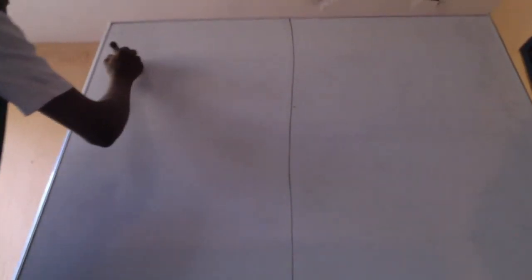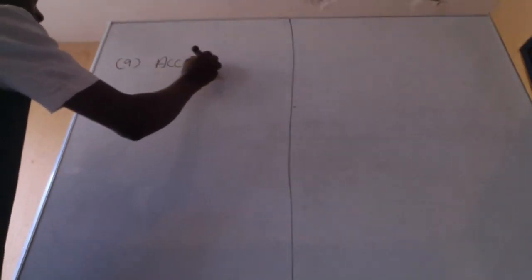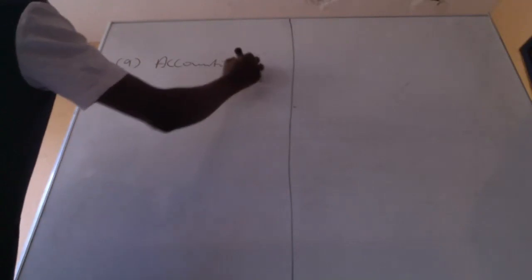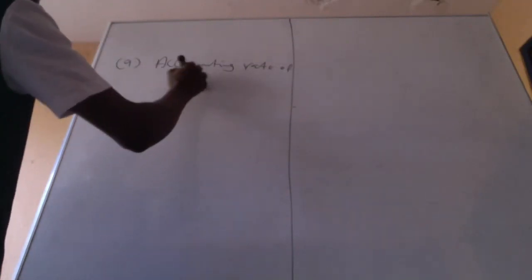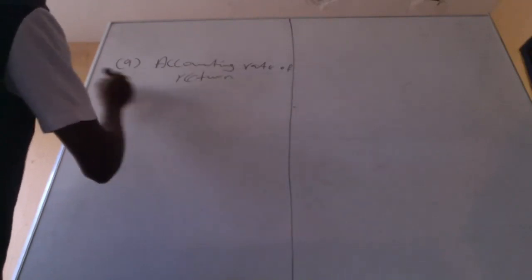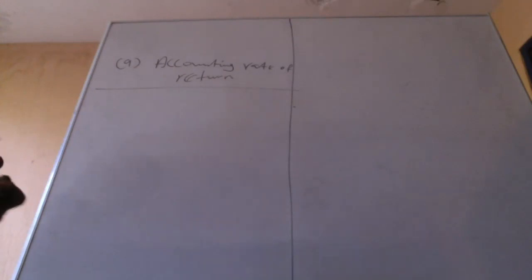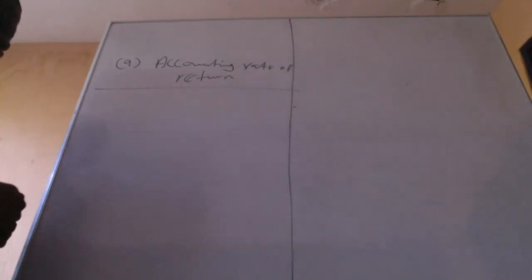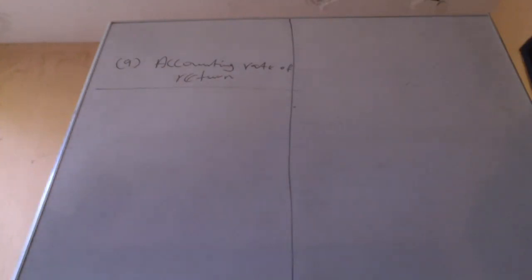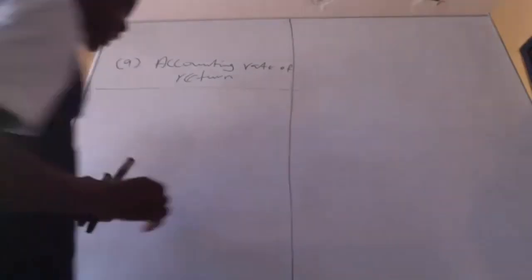So accounting rate of return, we are calculating. Let me list all the profits here. But before I solve this question, let me show you a technique.